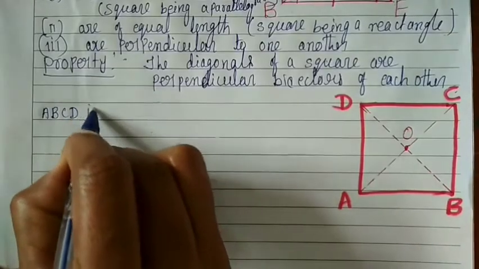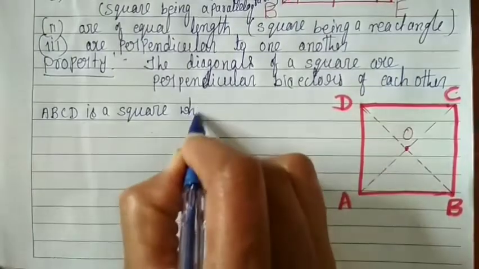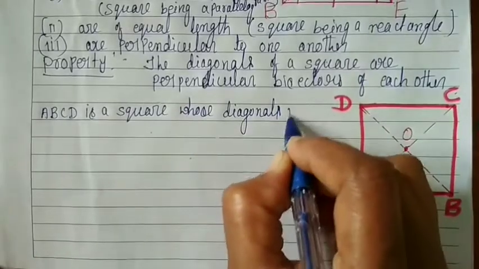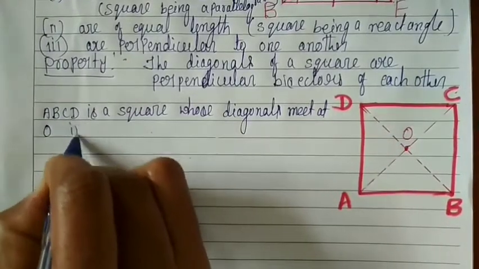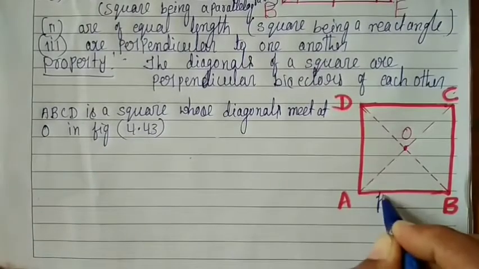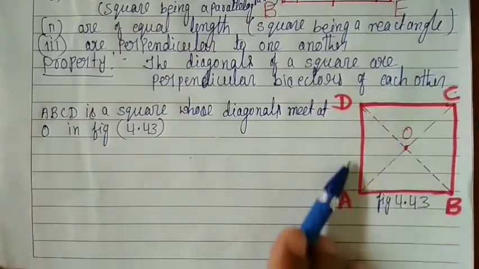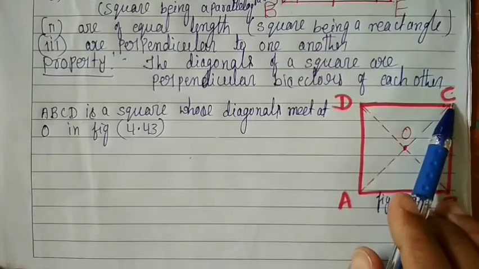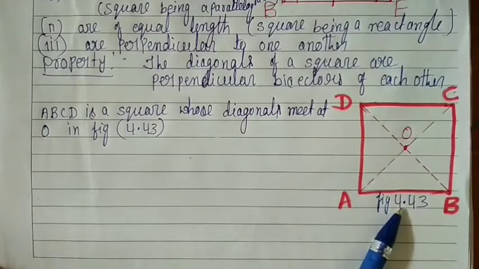ABCD is a square whose diagonals, the first diagonal AC and the second diagonal BD, meet at O in figure 4.43.